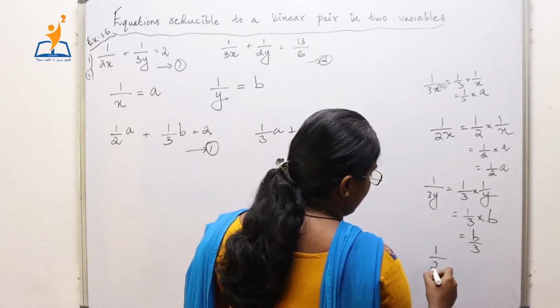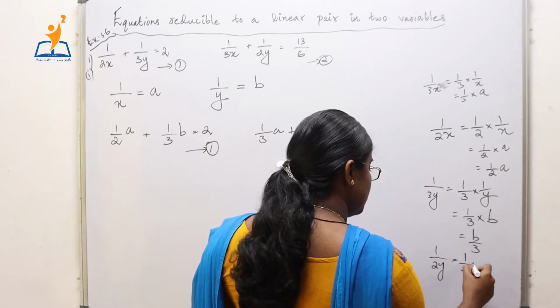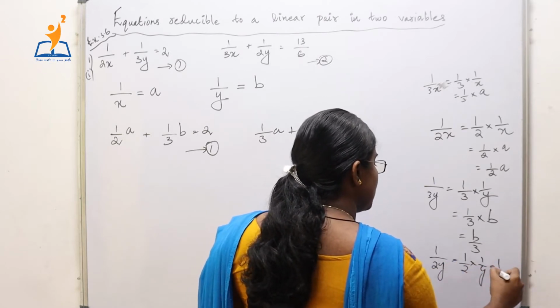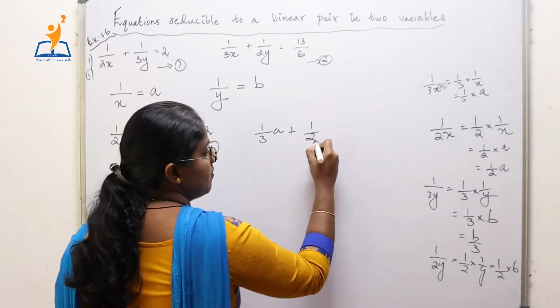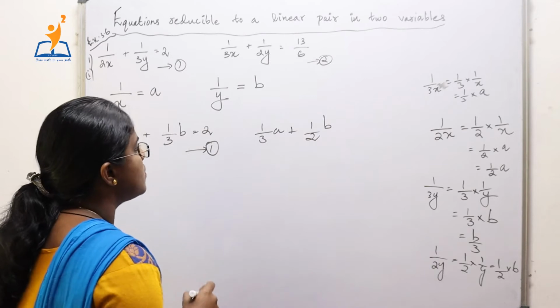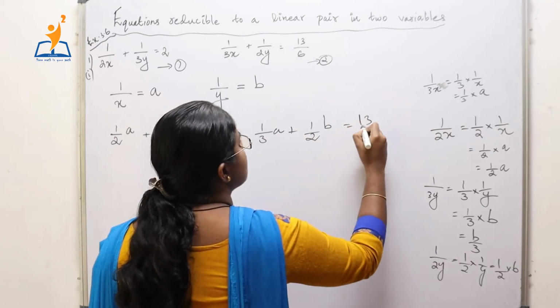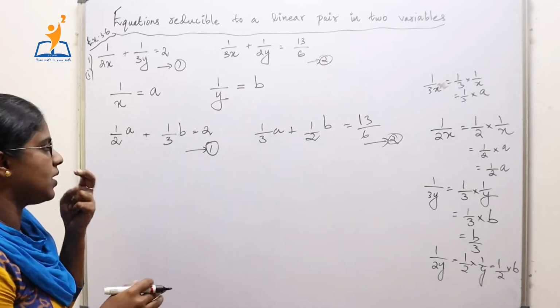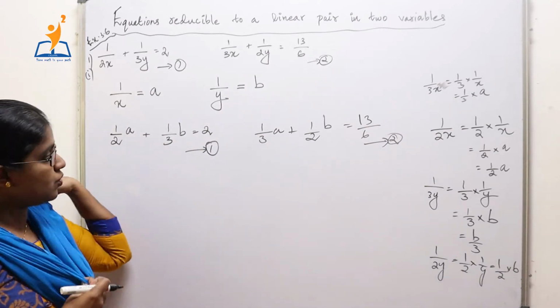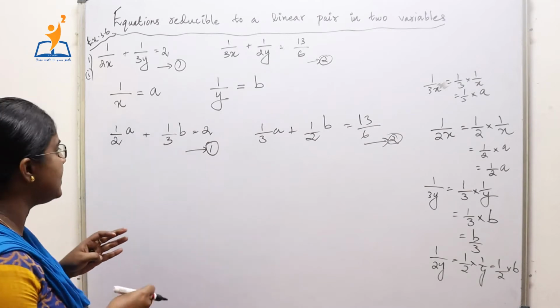What is 1 by 2y? 1 by 2y is 1 by 2 into 1 by y. 1 by y is b, so it is 1 by 2 into b, which is equal to 13 by 6. This is our equation number 2. So we got two equations in two variables which are linear also.